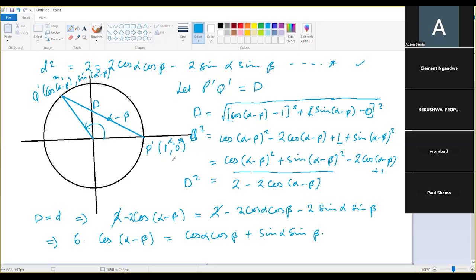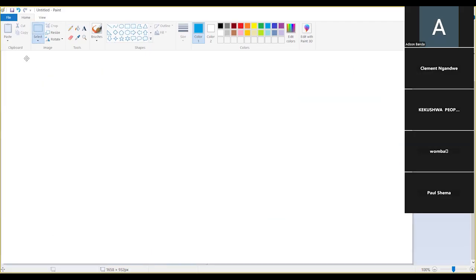Okay. So then we can actually get other identities from what we have so far. Let's see if I can delete what we have and then move to the other identities.